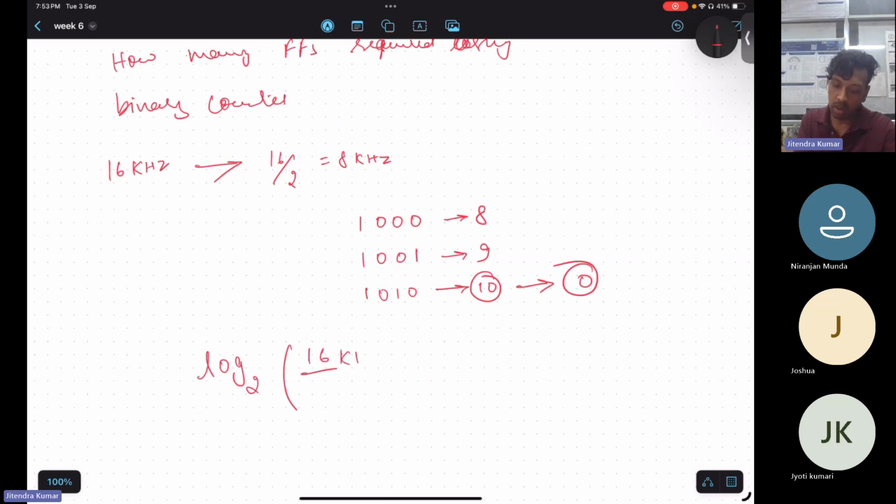So 16 kilohertz divided by 2 kilohertz. Whatever value you get, that many T flip-flops are required to get from 16 kilohertz to 2 kilohertz as output.